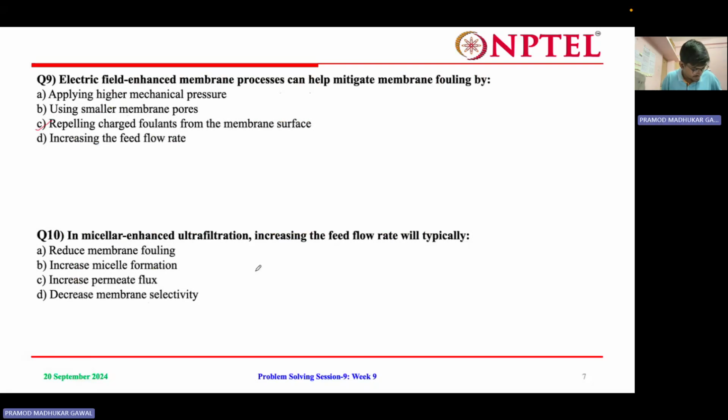When the feed rate increases, the driving force across the membrane also increases and the permeate flux also increases. However, if the flow rate is too high, it could cause concentration polarization and reduce the separation efficiency. So option C is correct: increasing the feed flow rate increases the permeate flux.